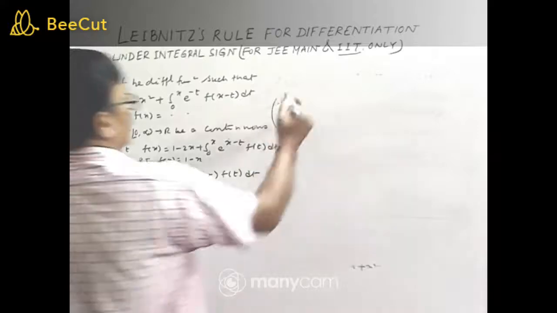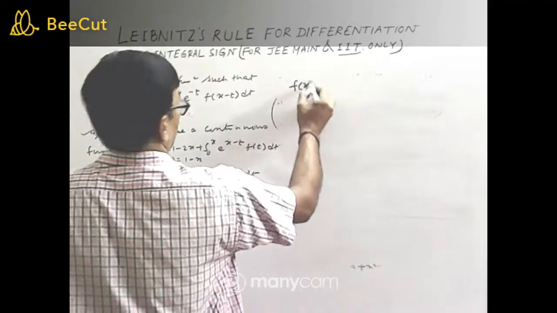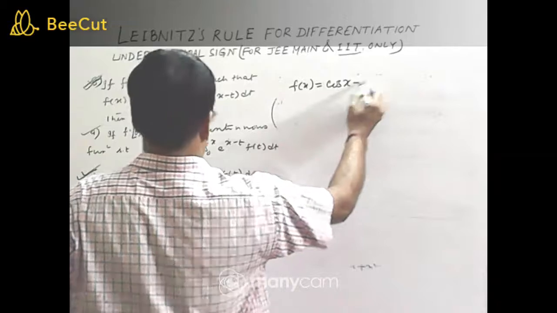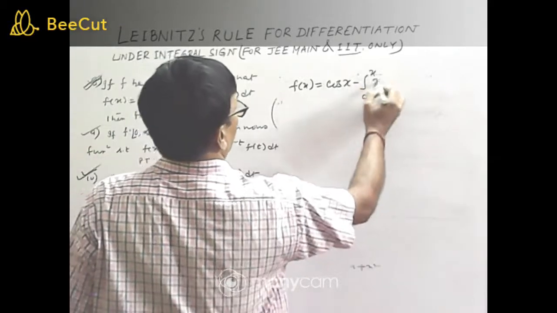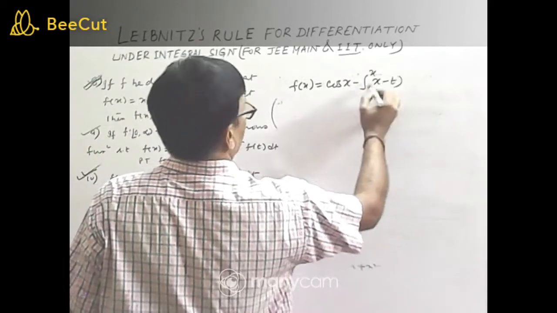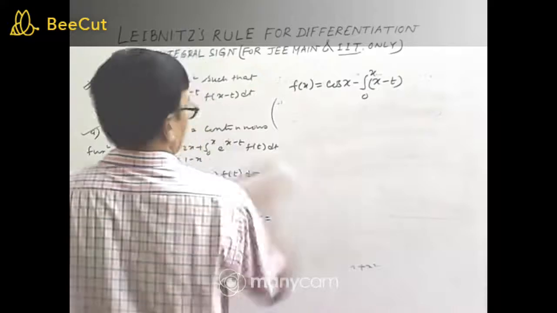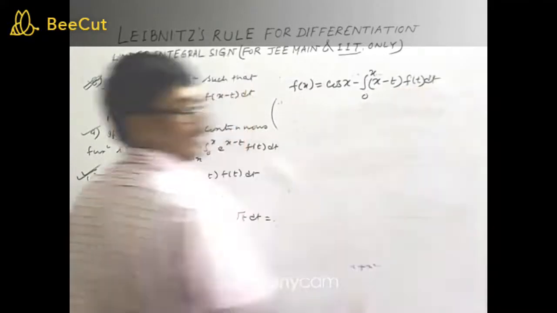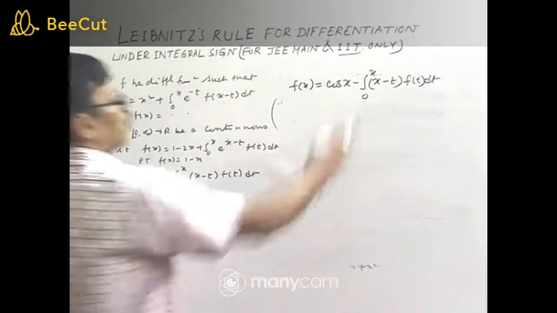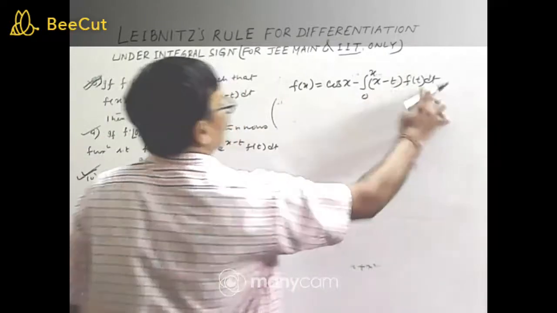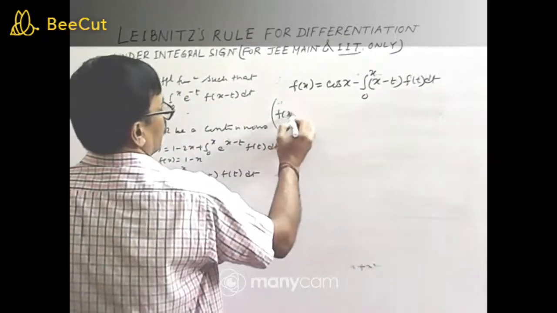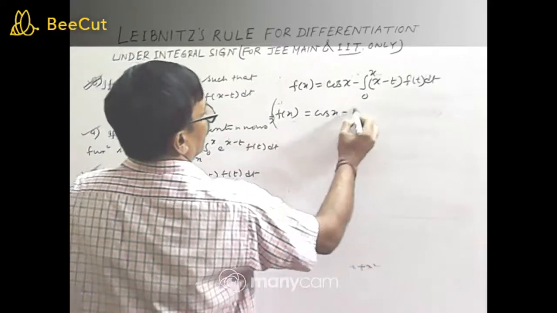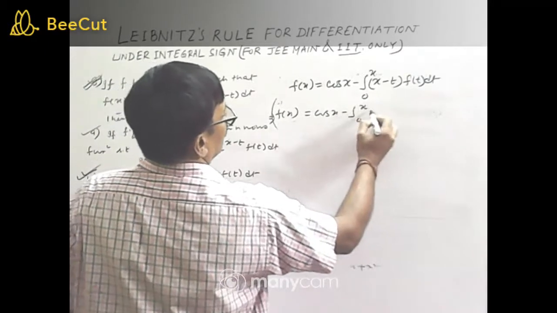So f(x) equals, again look, same type of problem, integral of cos x from 0 to x of (x minus t) f(t) dt. So this one is a function of x and t. Our main aim will be to express it in terms of a single variable.